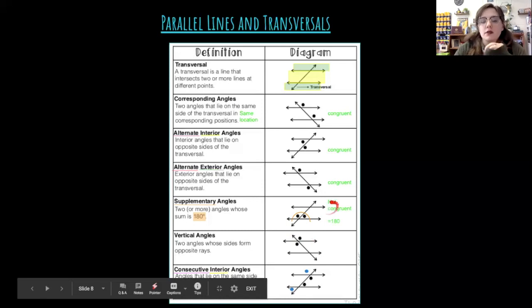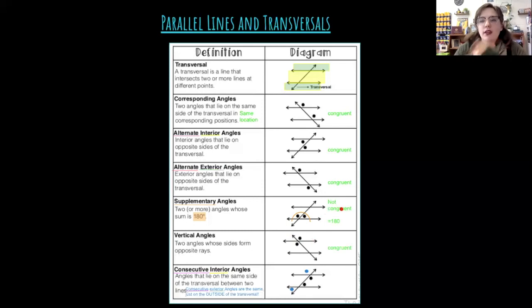Not congruent equals 180, and then vertical angles are in fact congruent. They're equal to each other. And that doesn't only happen with parallel lines and a transversal. That happens with any line that crosses any other line. If you have an angle on one side, it's going to be exactly the same, if those lines are straight, as the angle on the other side.